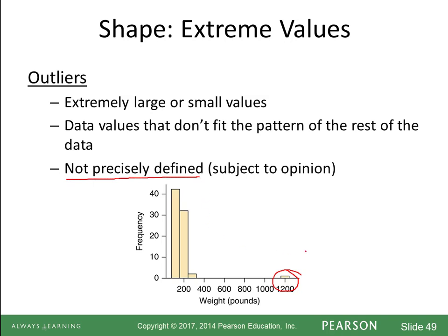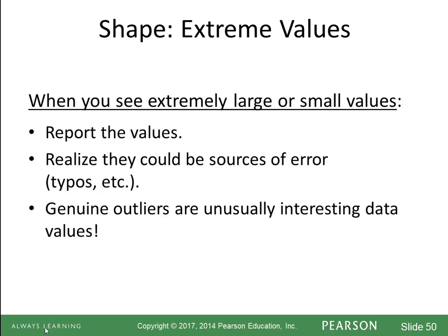And usually, if someone is designing a study, they will define those outliers. So what happens when you have extremely large or extremely small values? Well, you need to report those values. They could be a typo. They also could be actual outliers, meaning they're pretty interesting.